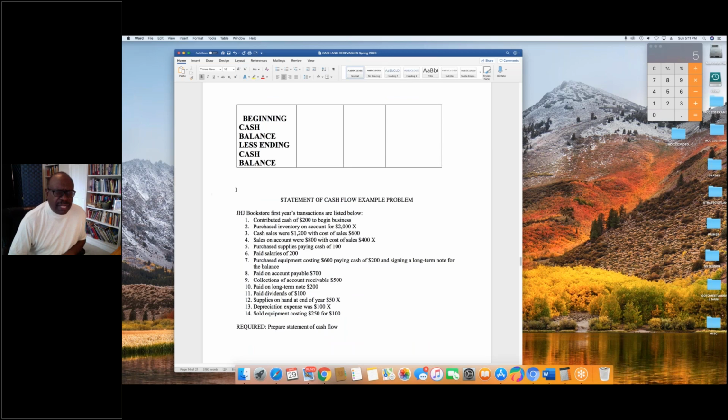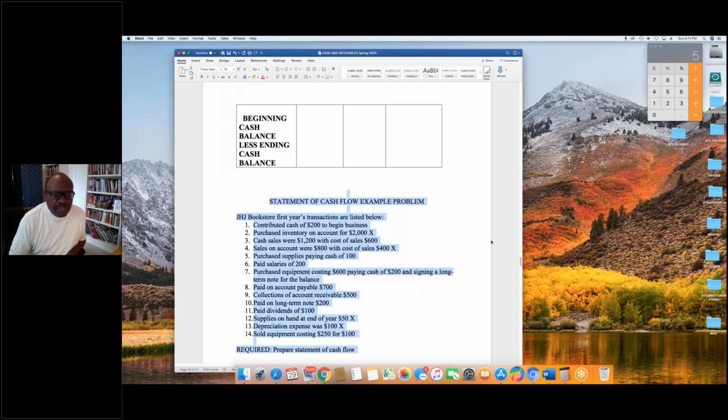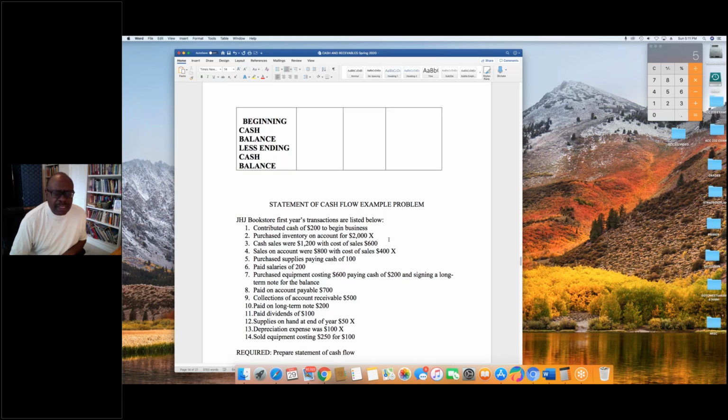Suppose we had this statement of cash flow example and these journal entries, and we're told to prepare a statement of cash flow. We're going to look at each transaction and see if it goes on the statement. Contributed cash of $200,000 to begin the business.